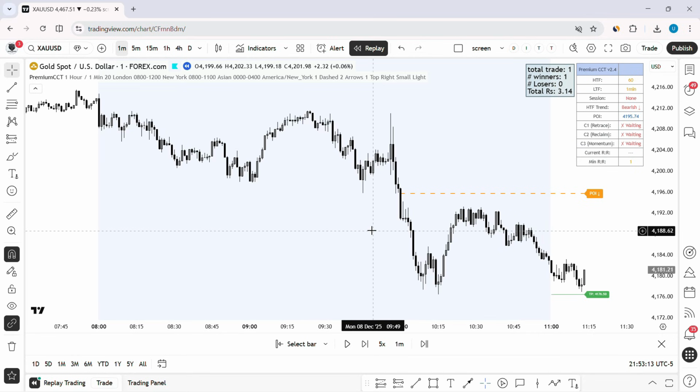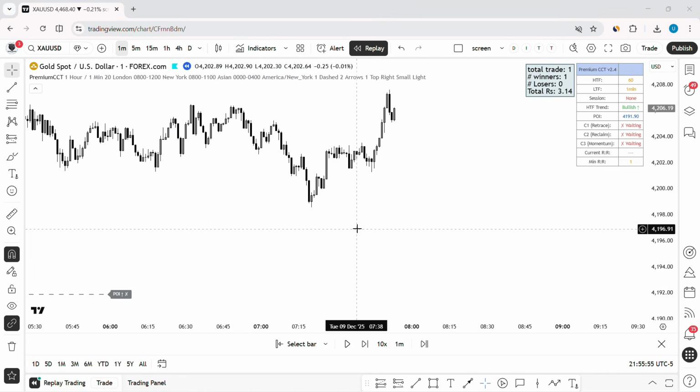On 8 December, let's go to the 9th and see if any trade formed on 9th December during the New York session. So right now we are at the start of 9th December's New York session. Let's start and see if any trade forms on 9th.